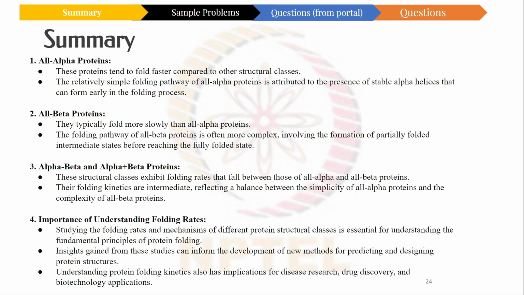These proteins tend to fold faster compared to the other structural classes. The relatively simple folding pathway of all alpha proteins is attributed to the presence of stable alpha helices that can form early in the folding process. Then we have all beta proteins, which have predominantly beta strands. They typically fold more slowly than all alpha proteins.